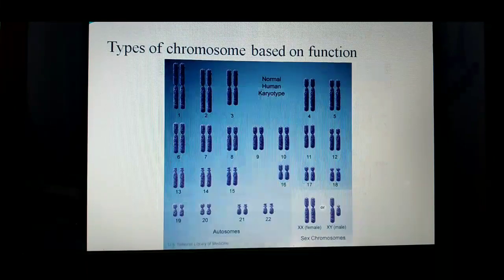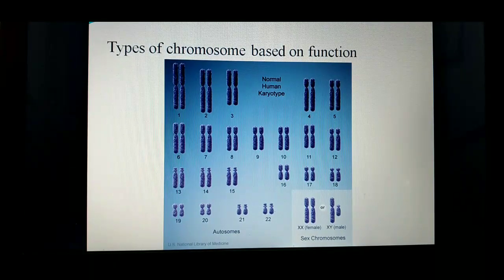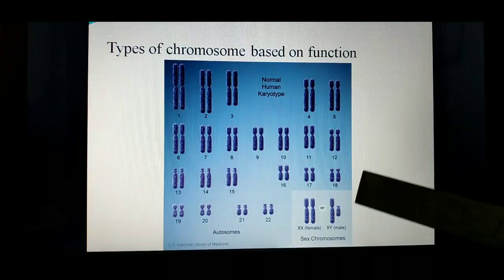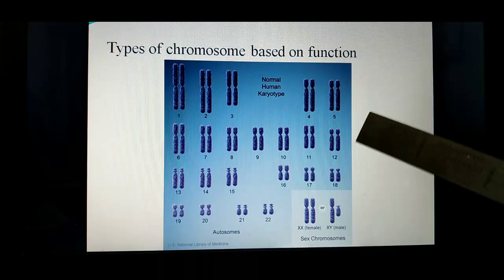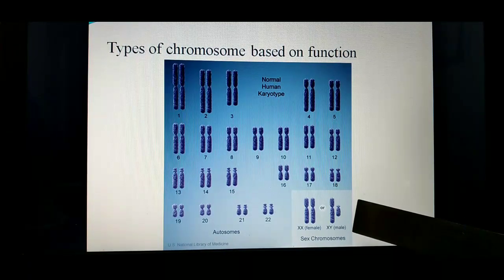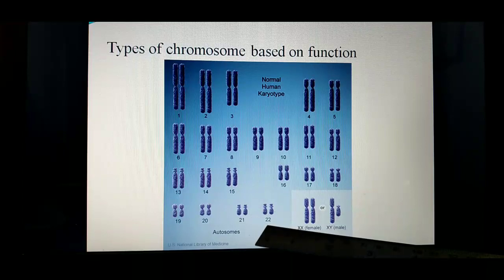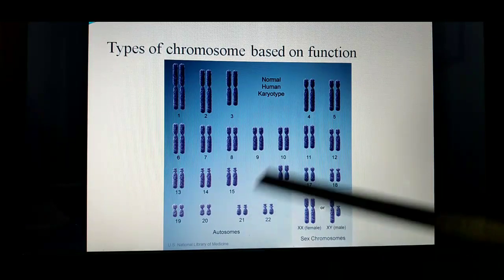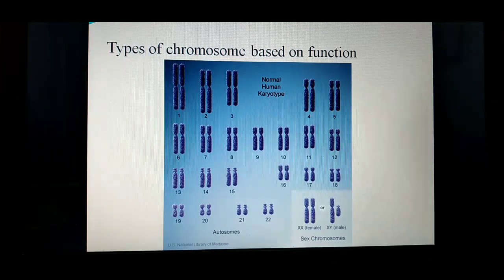Next, the types of chromosomes based on function. In the human body, there are 23 pairs of chromosomes. Of these 23 pairs, 22 pairs are called autosomes, or somatic chromosomes.